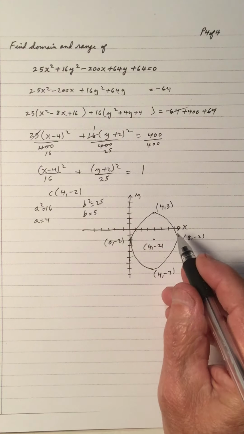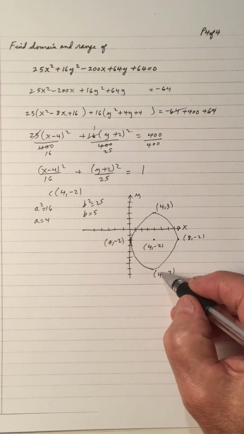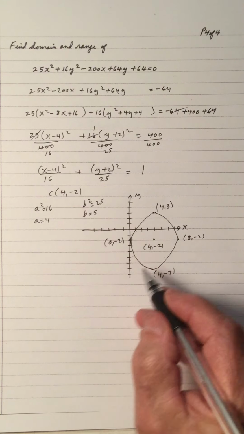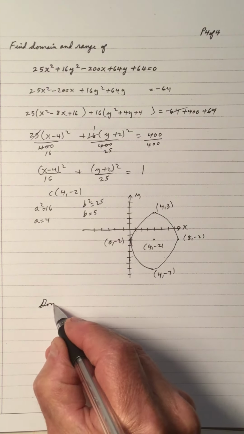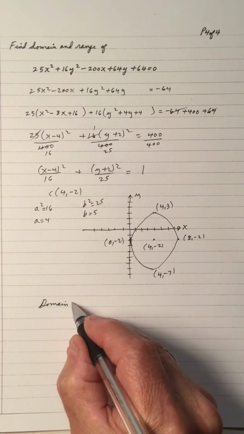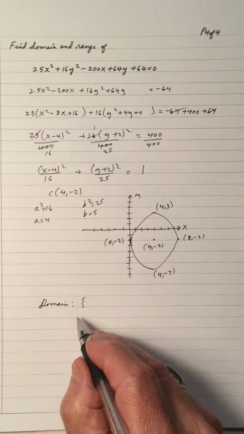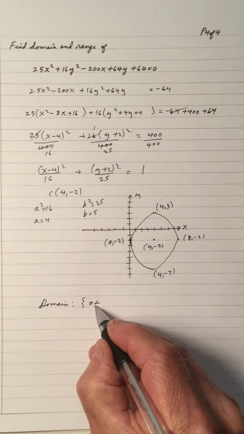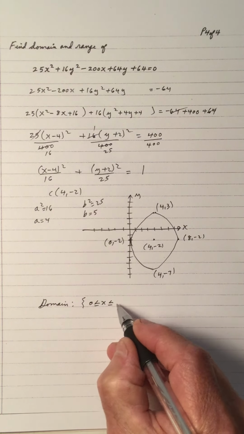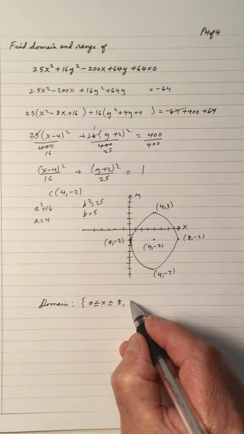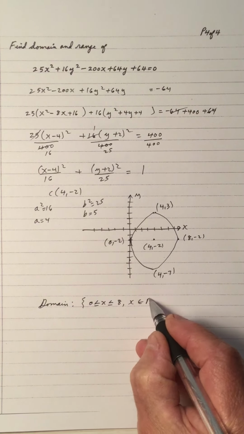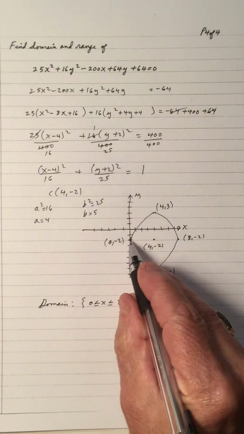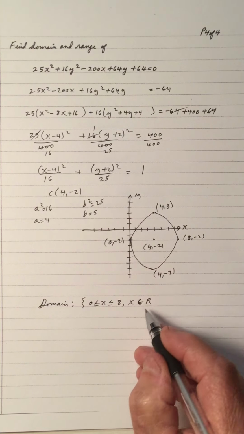So the vertices are these two, the co-vertices are here, but the domain is the x values. And the x values are from 0 less than or equal to x less than or equal to 8, where x belongs to the real numbers. Those are all the values of x between 0 and 8.